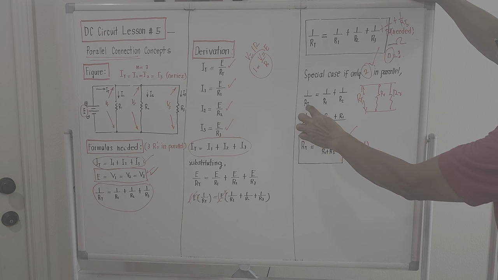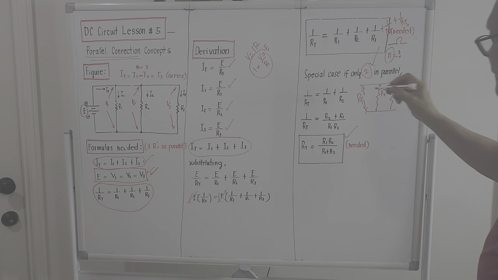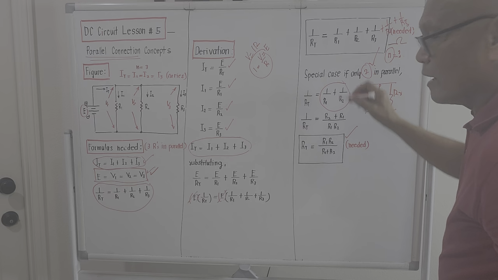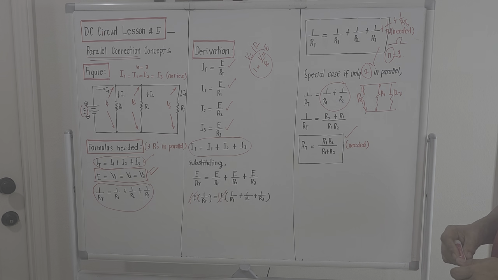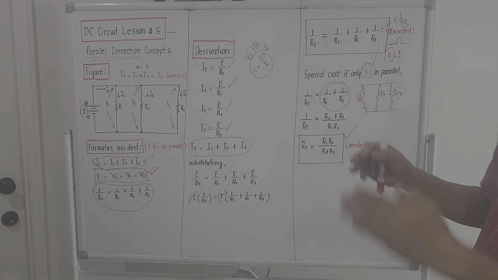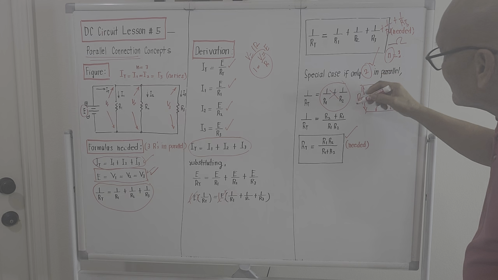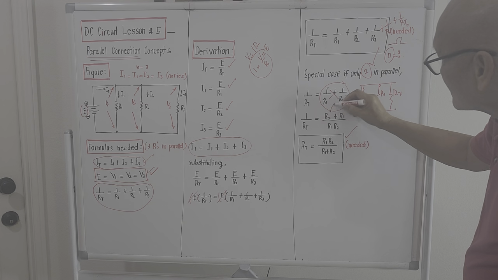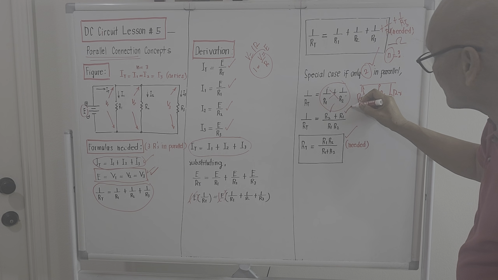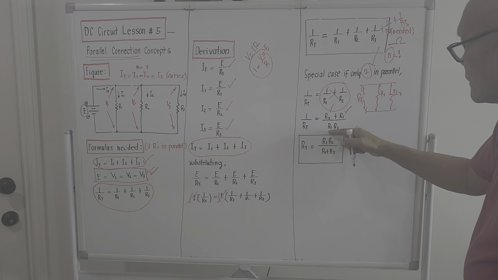So, 1 over R total should be equal to, if we try to simplify the right hand side, again, this is algebra. We are adding two fractions of different denominators. So we cross multiply this, right? So 1 times R2 will be R2, R1 times 1 will be R1, and the resulting denominator will be the product, R1 times R2.